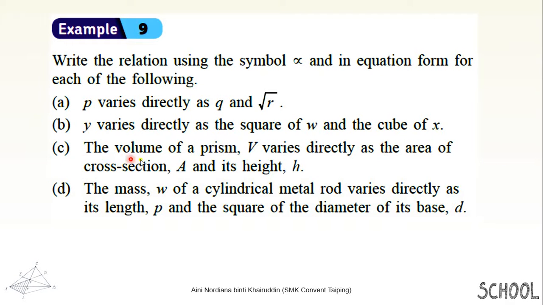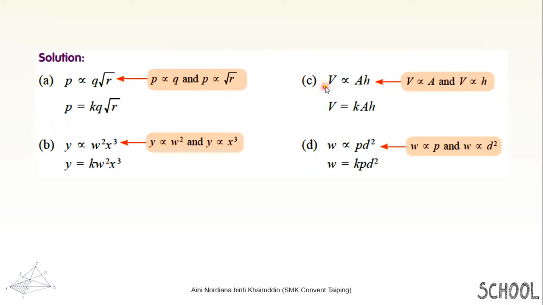C, the volume of a prism, V varies directly as the area of cross-section A and its height H. So this is the answer: V varies jointly as A and H. So this is the equation form: V equals kAH.